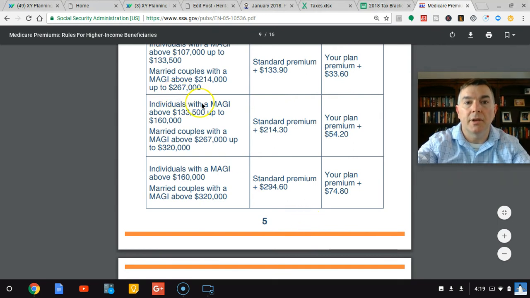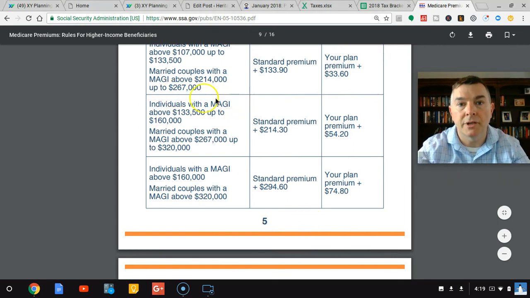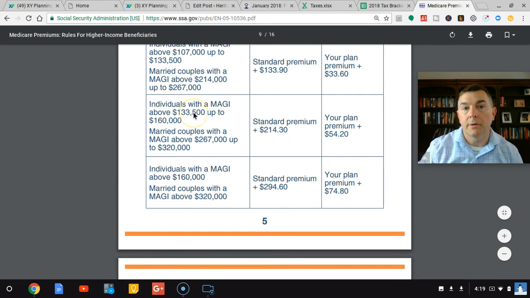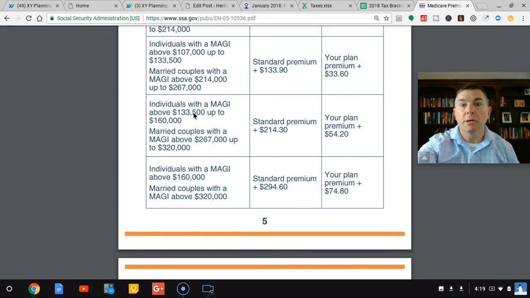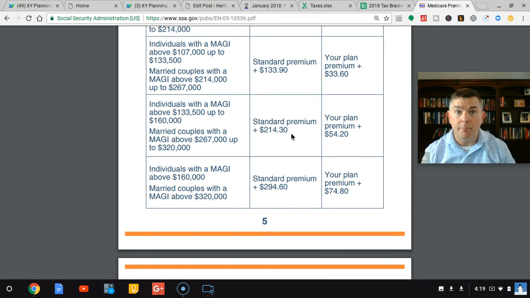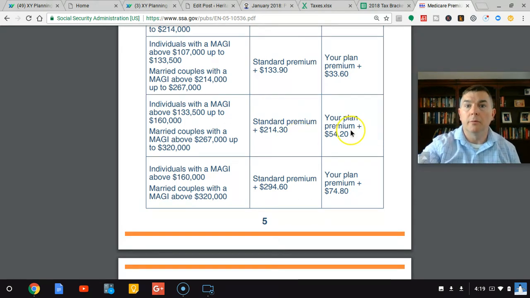When she hits modified adjusted gross income of over $133,000, which would be in a couple of years with more RMD requirements, now her premiums go up another $75. Her Medicare Part B or Part D goes up another $20 or so. It just gets more and more and more, and only because of RMDs.